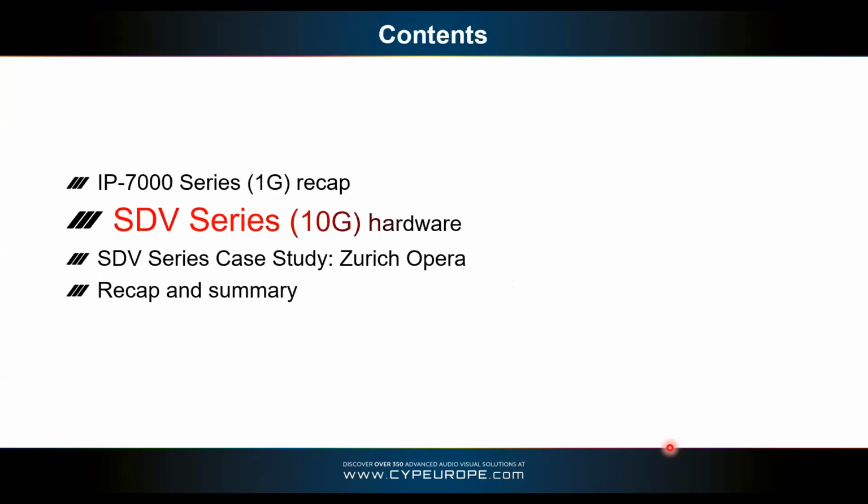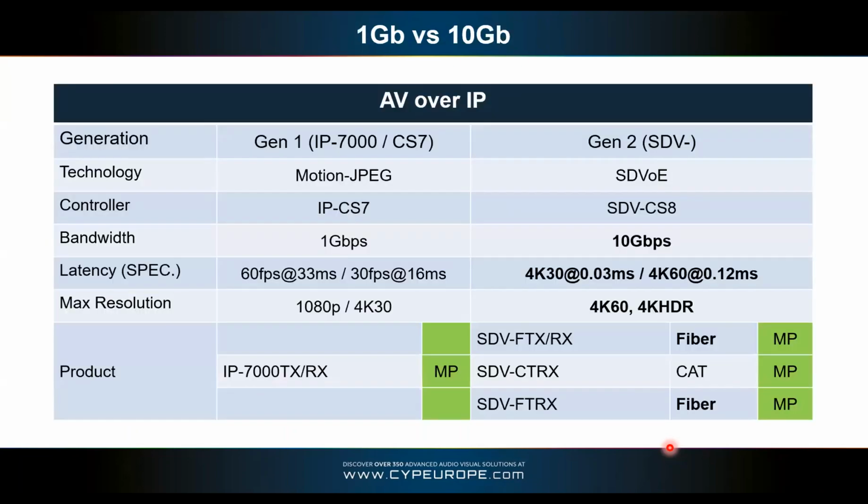Let's have a look now at some of the hardware in this SDVoE 10 gig system. Comparing the two systems, on the left-hand side you see the 1 gig solution, the IP7000s that we all know quite well now. And then on the right-hand side, you've got the SDVoE system, which is your 10 gig option. As you can see, the key benefits there really are 1 gig versus 10 gig.